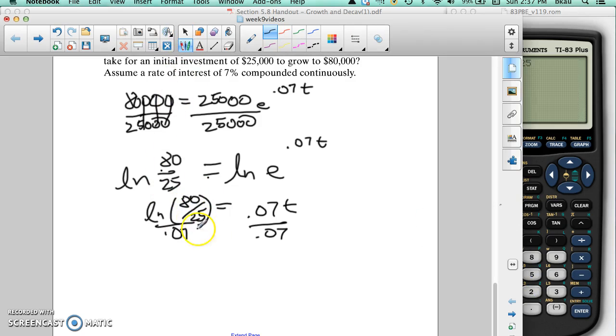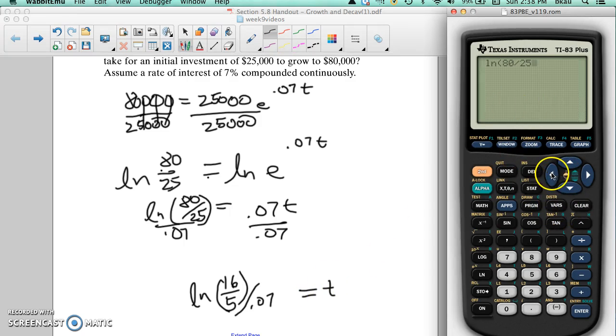Let's see, that would be 5, and 35 is 16 over 5 would be what it would reduce to, so it's ln of that divided by 0.07. That should be our answer for t.